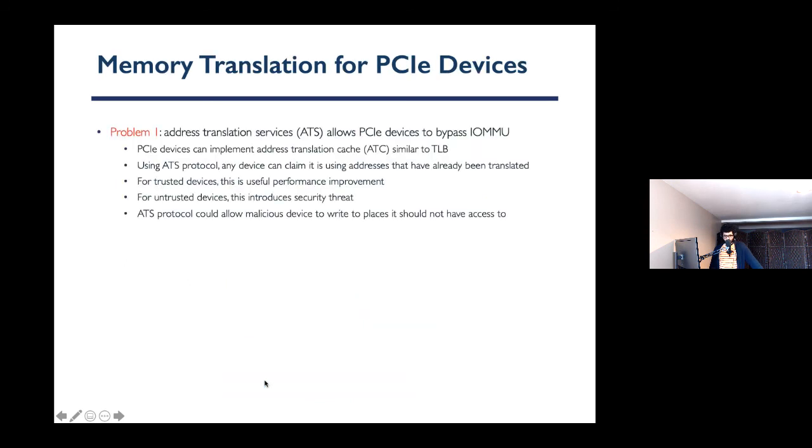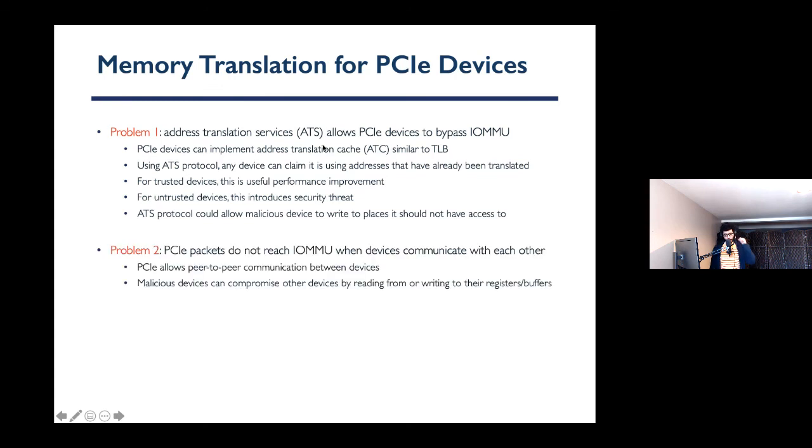So to get rid of this, you can disable the ATS service in your PCIe device, because when it's enabled, you can bypass the IOMMU. The other problem with this is another interesting topic in PCIe.